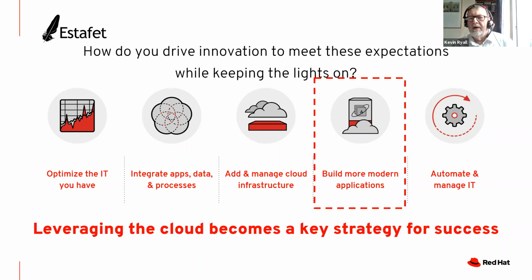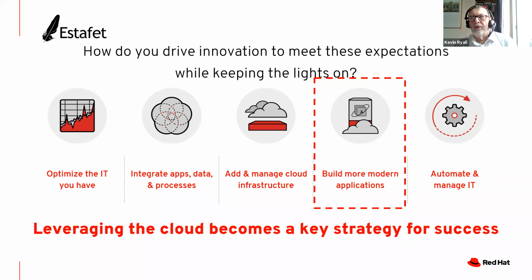And so we're looking here at the chunk that talks about building more modern applications. We're giving you a sort of roadmap, I suppose: optimizing the IT you have, integrating your apps more, and a lot of companies moving into the cloud, adding and managing the cloud infrastructure. We're talking here about trying to leverage the cloud infrastructure more with the applications you're building.